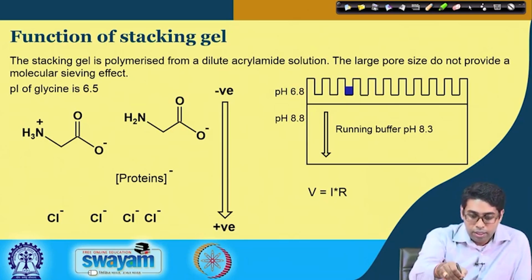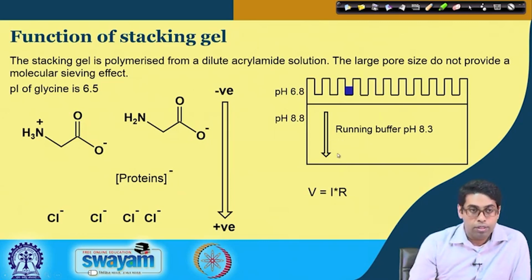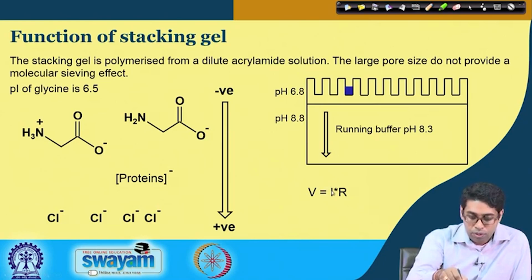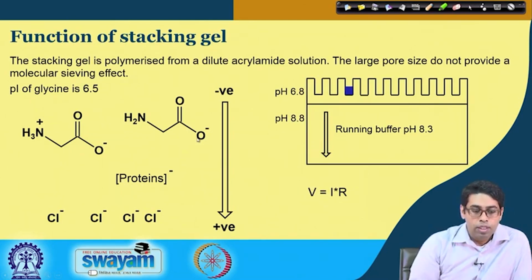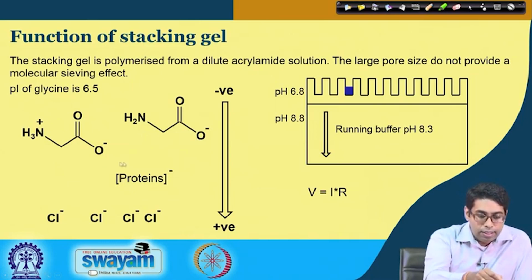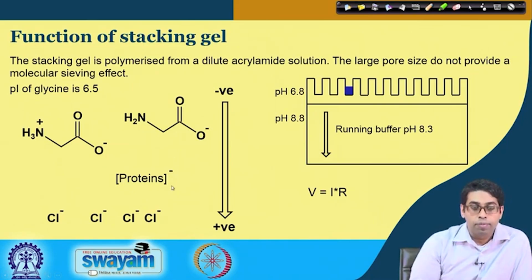Now, remember that the current that flows through the gel is constant, because there is no accumulation of charge, right. So, if the current remains constant and the resistance increases, then from Ohm's law we can tell that the voltage will also increase locally in this region. So, when the voltage increases in this region, the protein ions start moving faster.